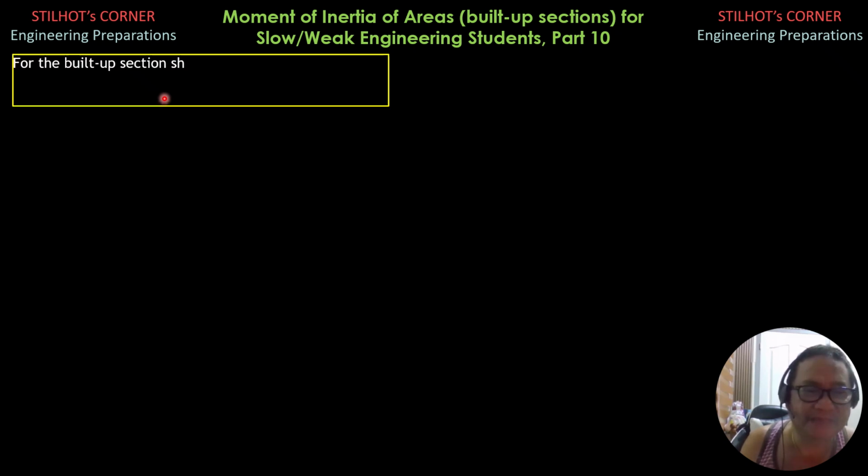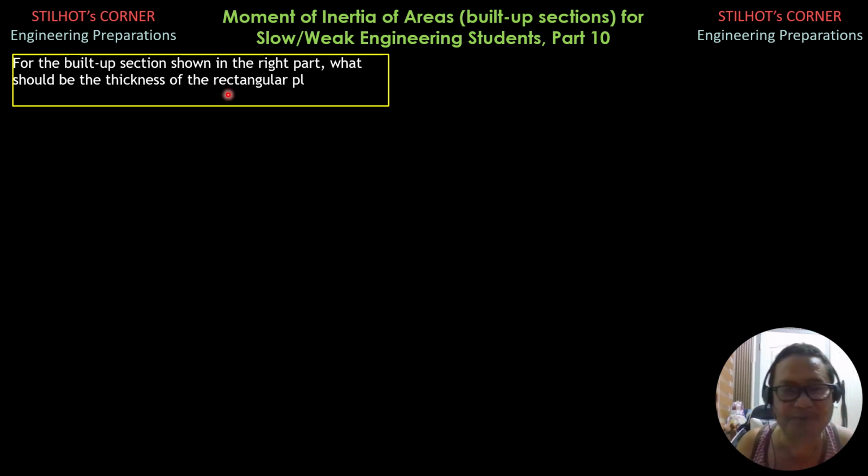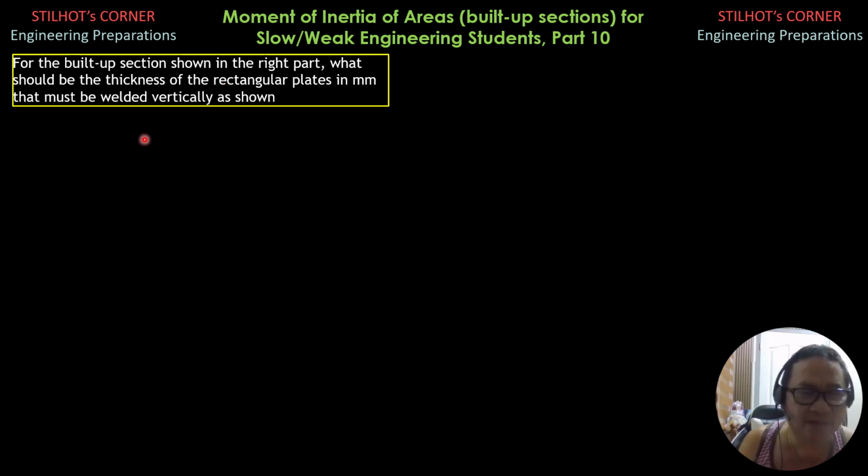For the built-up section shown in the right part, because I'm going to discuss first the properties of the W flange in the left part: what should be the thickness of the rectangular plates in mm that must be welded vertically as shown so that IGX equals 6 times IGY?